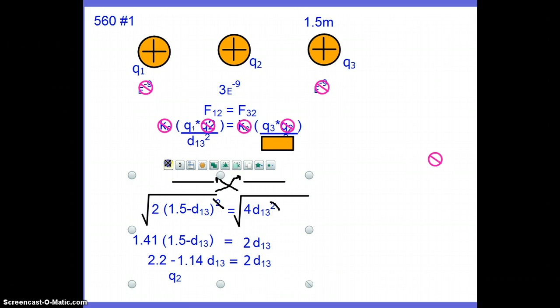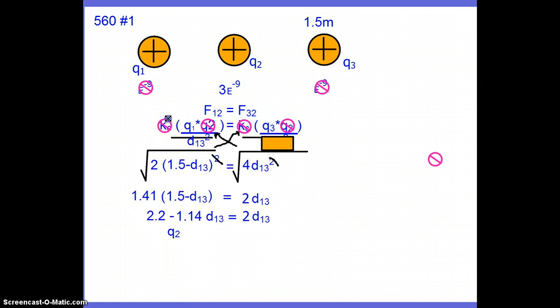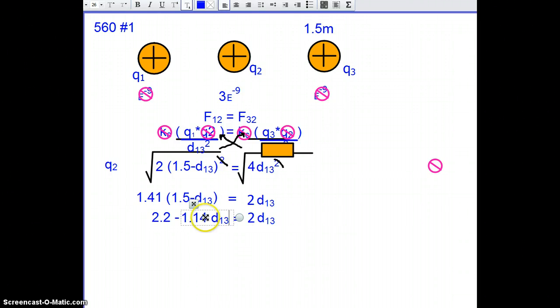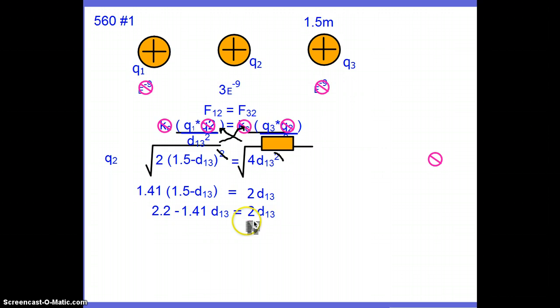Kind of elevate our work so we have a little more room for solving. And our next step will be to add our like terms. So we're going to add the 1 point. Ooh, I mistyped. That should be 0.41. 1.41. Add the 1.41 over to here and get 3.41.